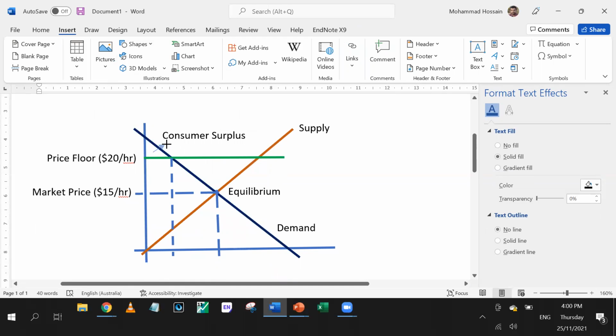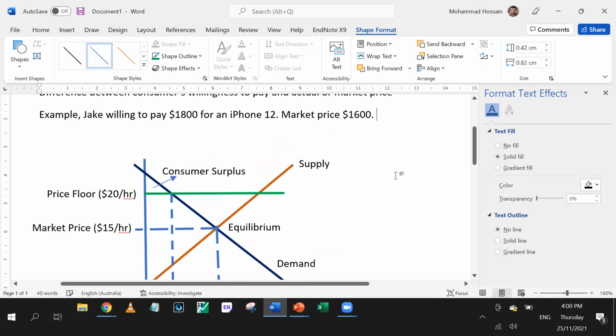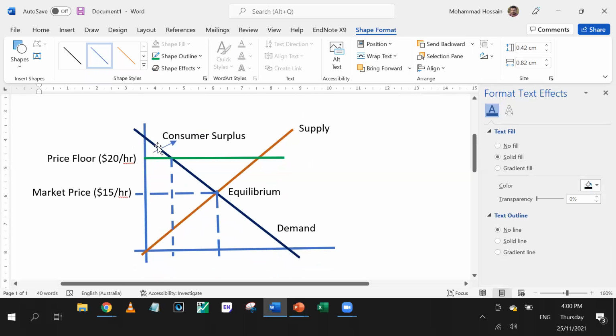This triangle is your consumer surplus at this price. So when the government interferes and sets a price floor, the consumer surplus will be reduced. You can see here, consumer surplus is reduced.